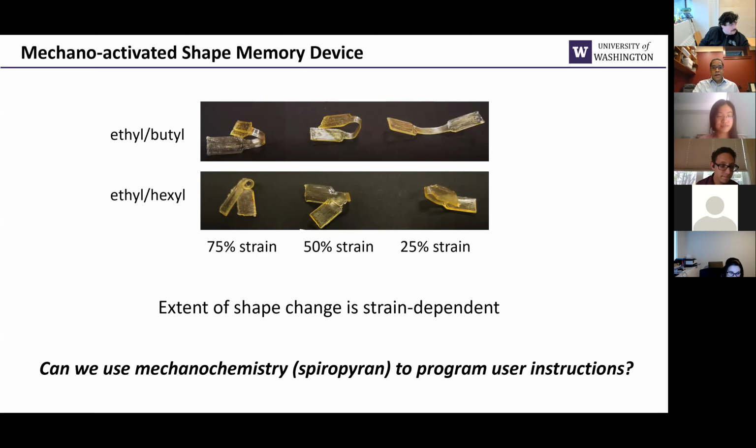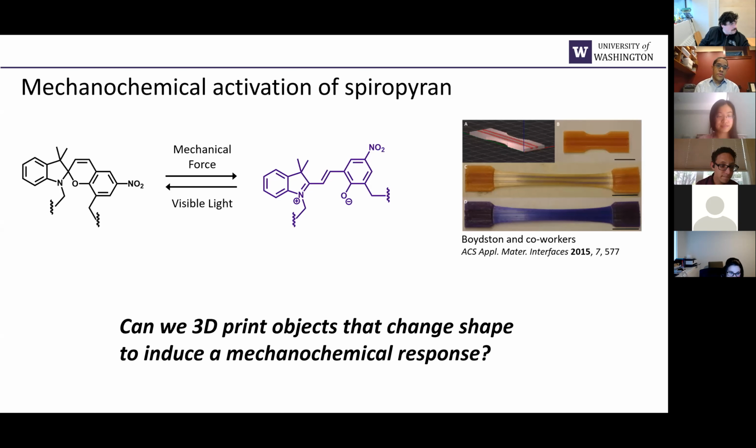And so there, we actually turned to a different type of mechanoactivation, using mechanochemistry. We're doing this in collaboration with a former colleague from UW, now at the University of Wisconsin, Professor A.J. Boydson. He's interested in this molecule known as spiropyran. Spiropyran is a molecule that can be mechanically activated to undergo an isomerization.